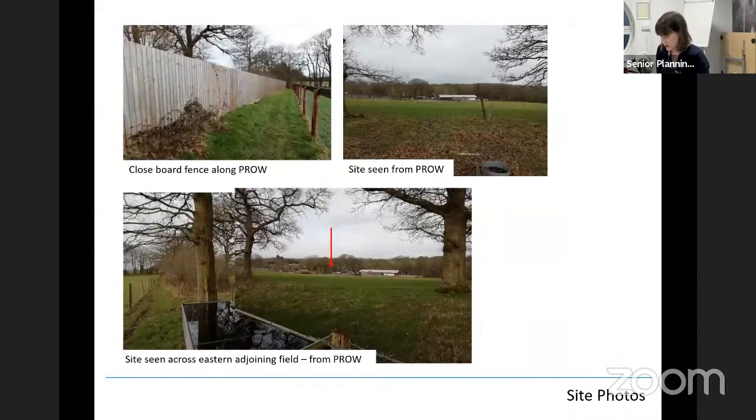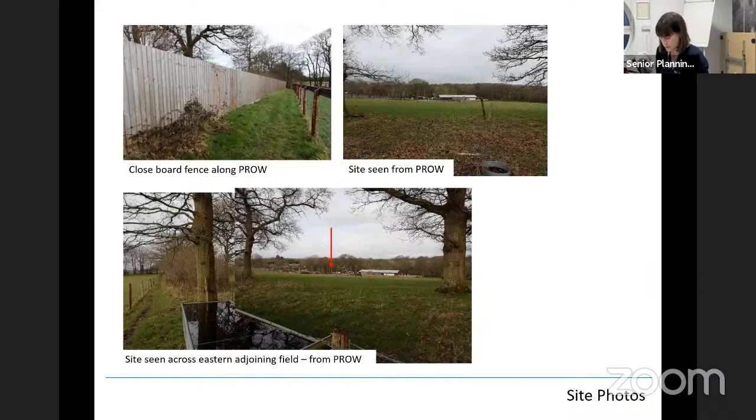So the top left-hand photo shows close boarded fencing that's been installed along the public footpath running across the centre of the site, with the right-hand side of the photo showing the field, or just giving glimpses of the field, which is to be used as a paddock. So that close boarded fencing is to be removed.